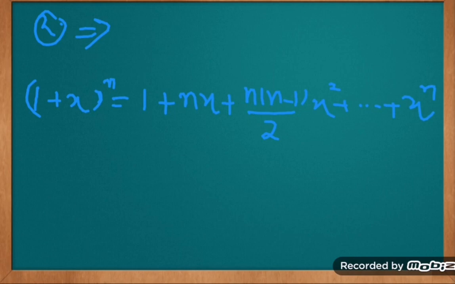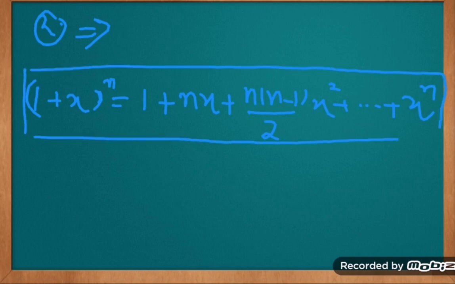Now this is the special case of the binomial theorem when a is equal to 1 and b is equal to x.